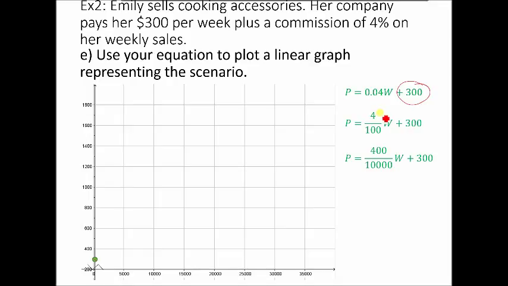Alternatively, if we think about it in terms of fractions, well, that's 4 over 100. Or you can think of that furthermore as 400 over 10,000. So for every 10,000 I go over, I go up 400. So if I go over 10,000, I'm going to go up by 400. Over 10,000, up 400, and so forth until I can plot a line.